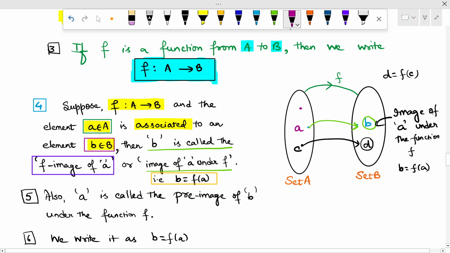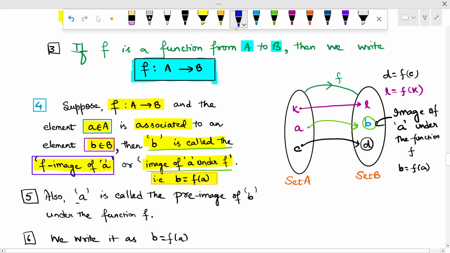Similarly, if we had say k and the image as L, then L is the image of k under the function f, and L equals f of k. I hope this is clear to all of you. Then b is called the f-image of a, or the image of a under f, and is written as b equals f of a.